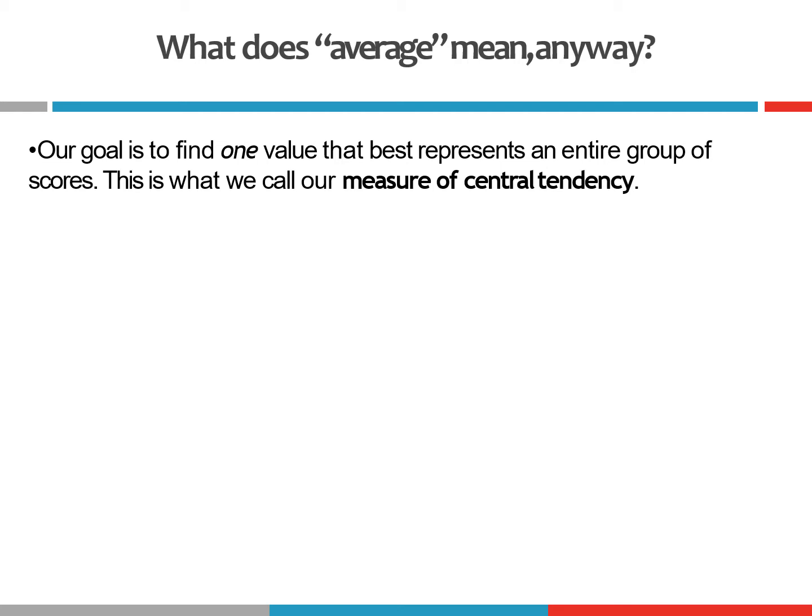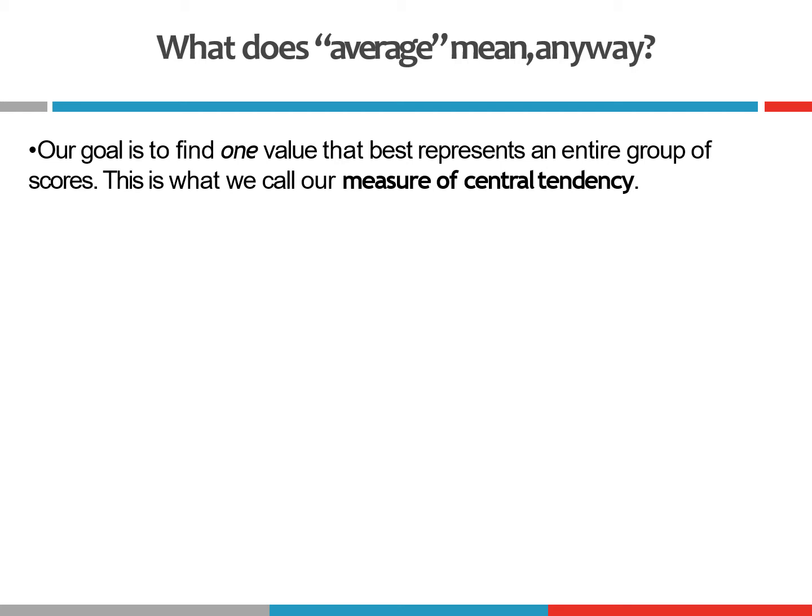But the best way to get a sense of how students performed on that exam is to find a way to, in a single value, represent the whole distribution of scores, right? So our goal when we compute an average is to find one statistical value that best represents an entire group of scores.